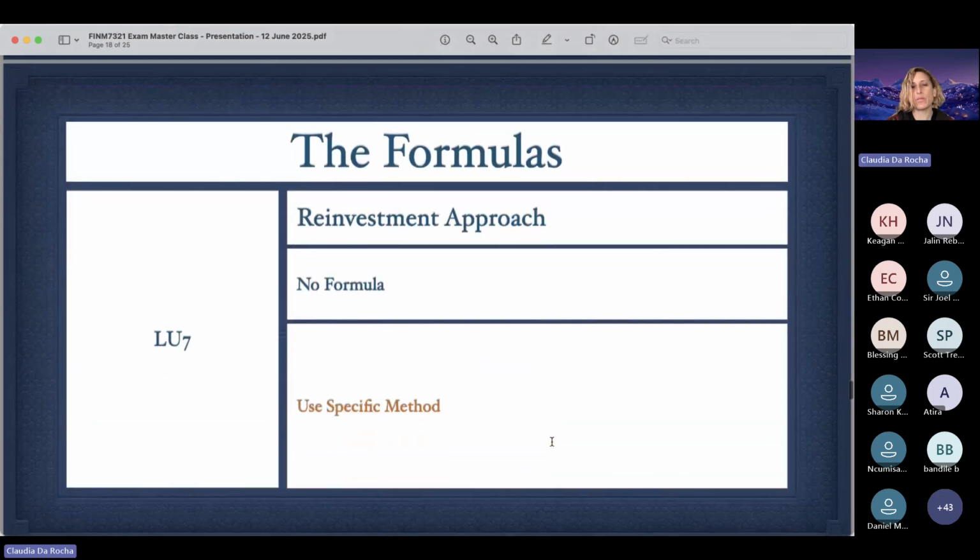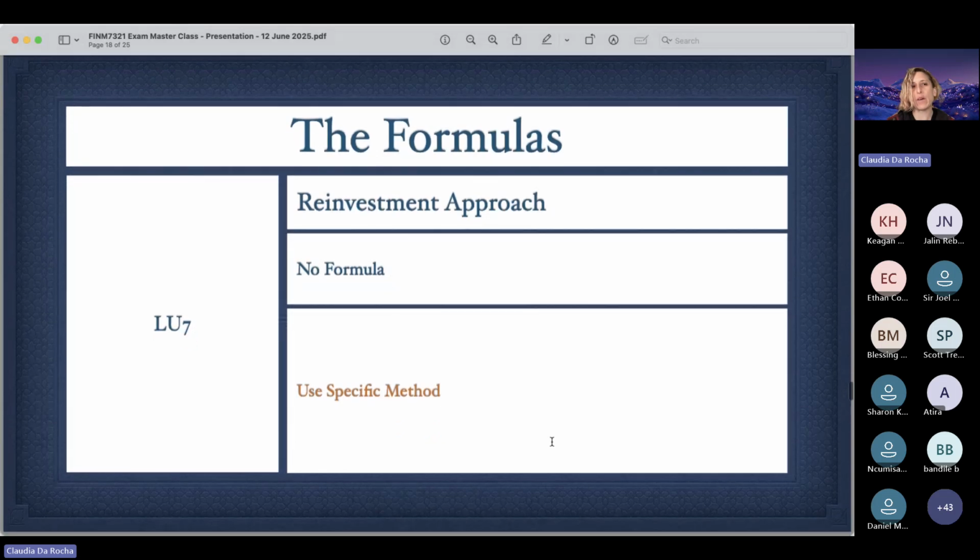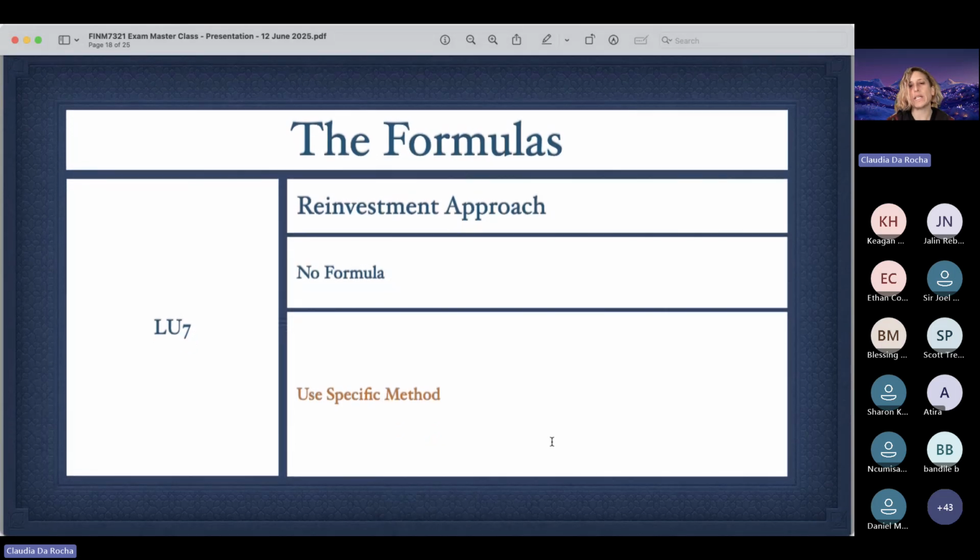Okay, then we have something called the reinvestment approach. There's no formula. There's just a specific method where we have to calculate what needs to be invested and make sure that the number of cash flows are even in terms of the period. So, there is a good example in the textbook.